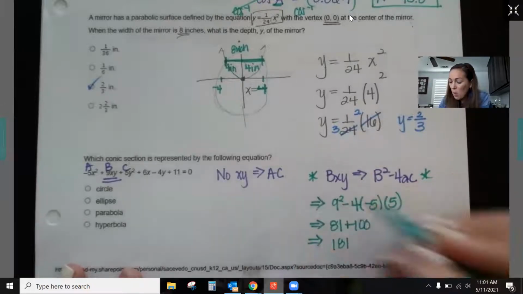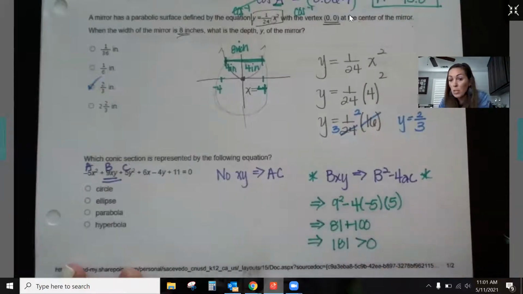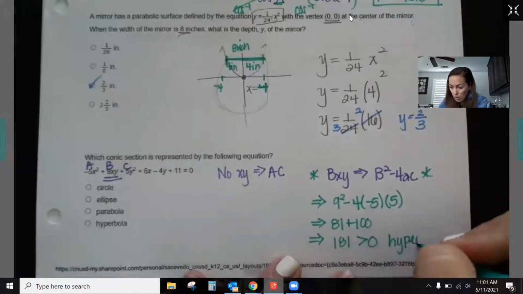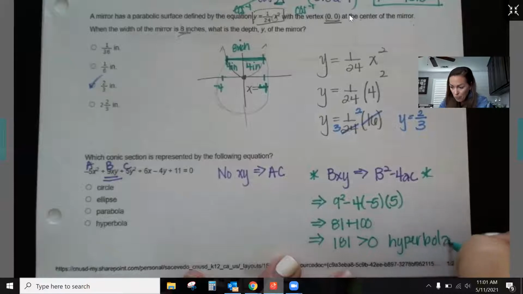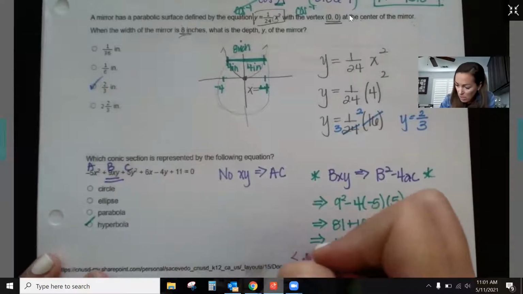Okay, so 181 is greater than 0. So if it's greater than 0, it is a hyperbola. If it was less than 0, it's going to be an ellipse.